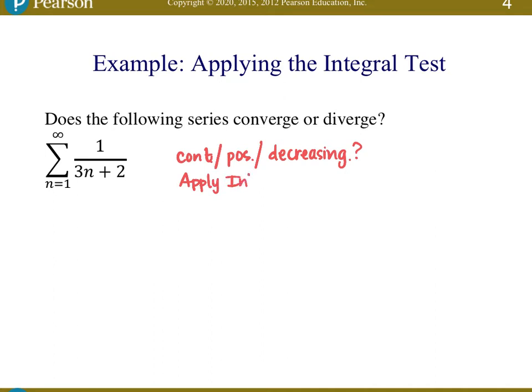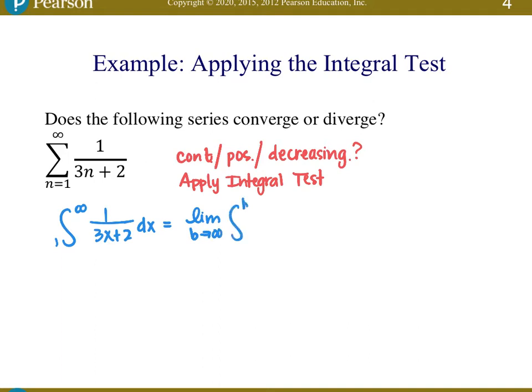So we want to look at what the integral of this expression does. So what would the integral from 1 to infinity do of the function 1 over 3x plus 2 dx? All right, so this is an improper integral. So we change our upper bound to b.